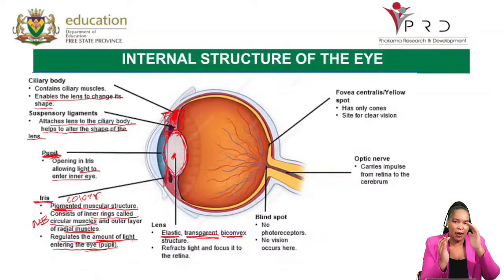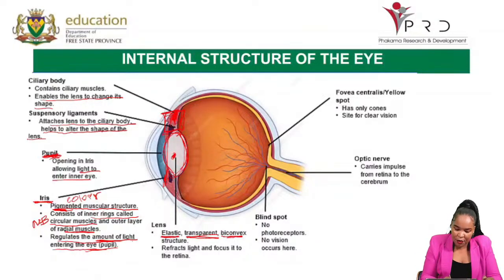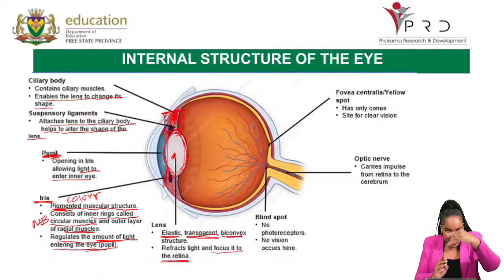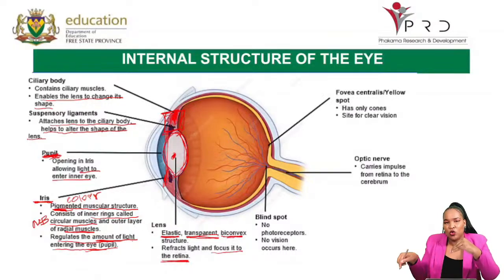That is where the bi comes from. Then it refracts light and focuses it on the retina. So its function is to direct that light, refracting it in the direction of the retina where an image is going to be formed.